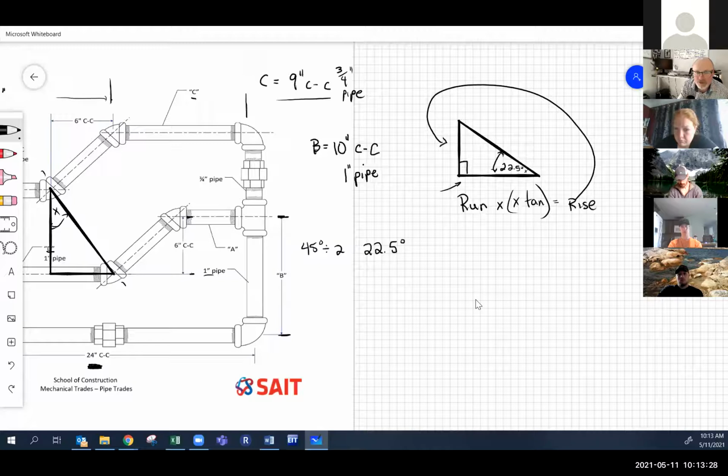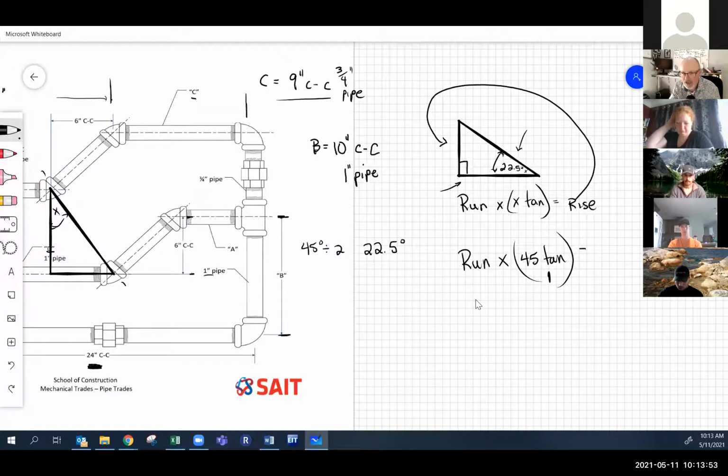So that would equal that line. For example, if you take the run, and this was a 45 degree, you're going to multiply that by tan 45. So in your calculator, I want you to hit the 45 button and hit the tan button. Does it say 1? Yeah, and that equals the rise. So that tells me the run and the rise are always equal, right?